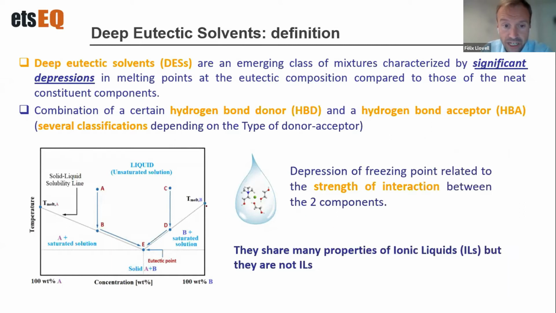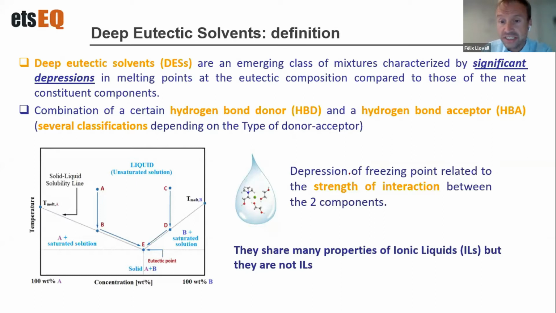Even if they are talked about as a single solvent, they are always a mixture of solvents where there is a combination of a hydrogen bond donor and a hydrogen bond acceptor. Of course, there are many different types of deep eutectic solvents according to the type of donor and the type of acceptor. But the idea is that the combination of both produces a depression in the freezing point.